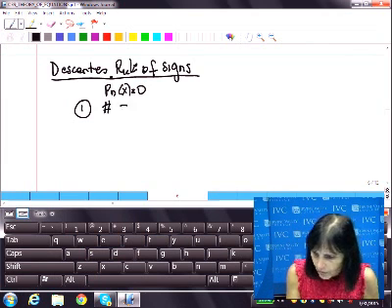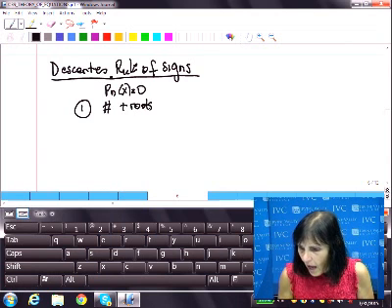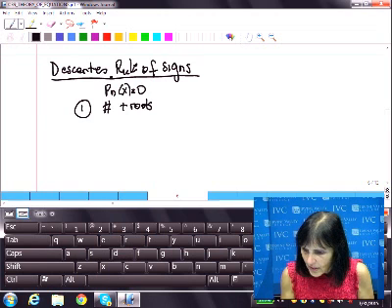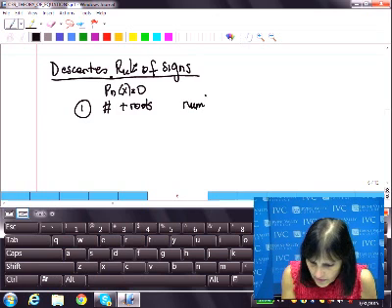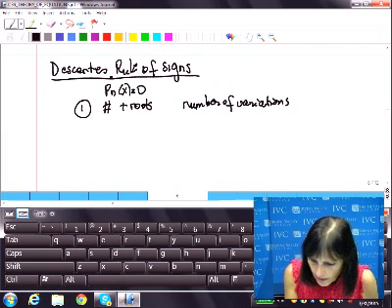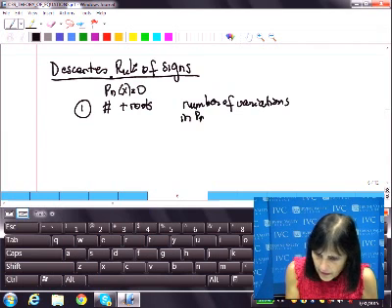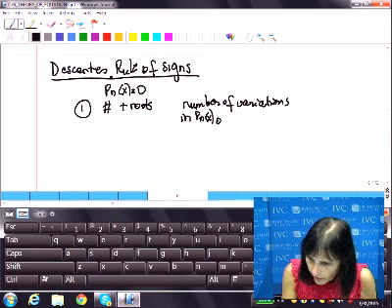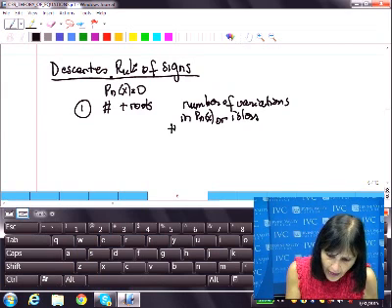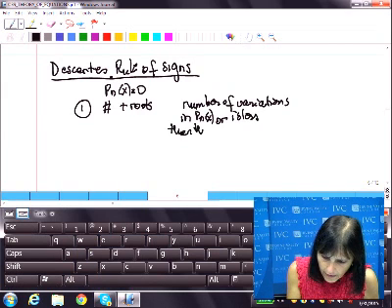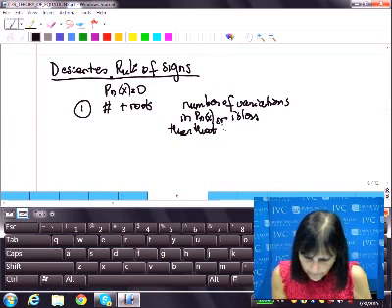Number of positive roots: by looking at your polynomial, the number of variations in sign in P of x, or is less than that by an even number.